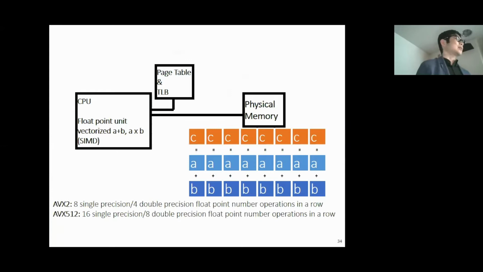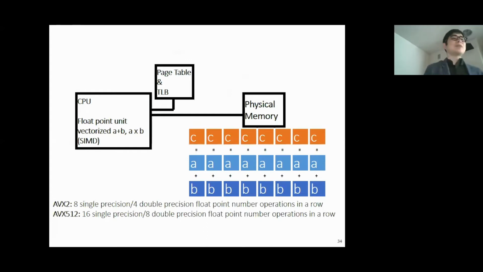Like if we are doing vector-matrix multiplication or vector addition, we can take 16 numbers or 8 numbers at the same time and do it within one CPU block or a few CPU blocks.